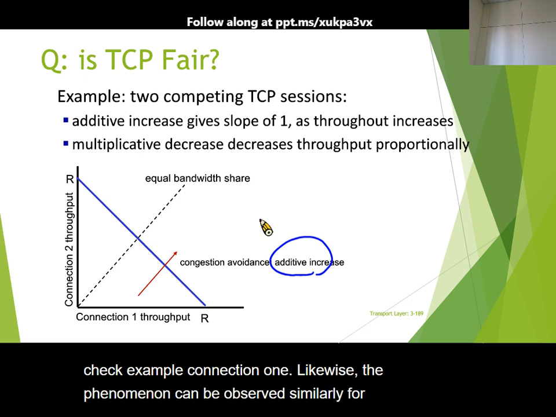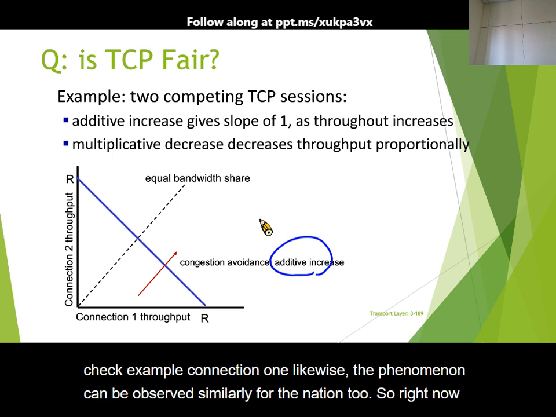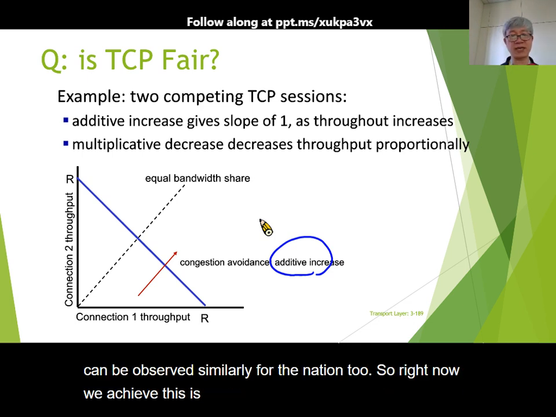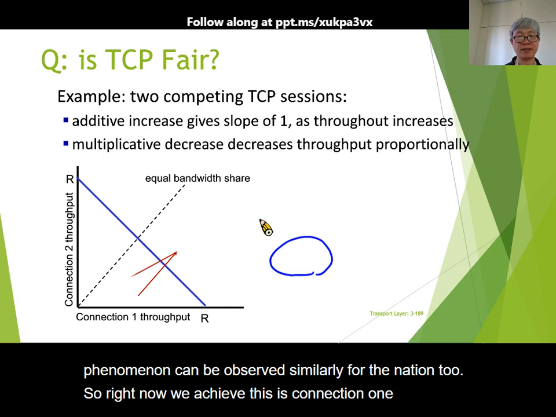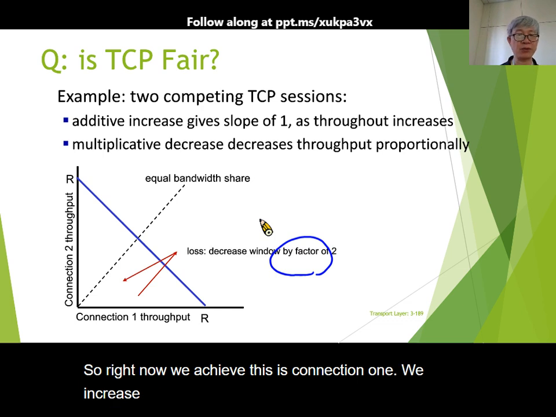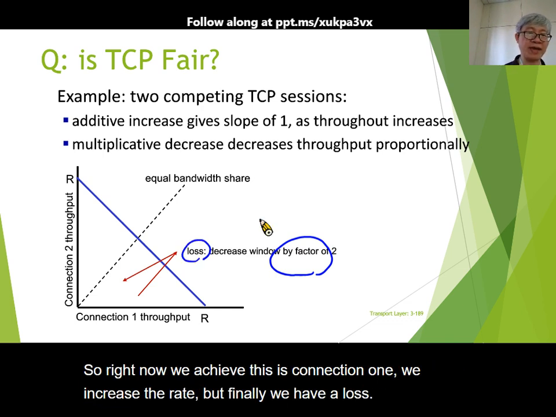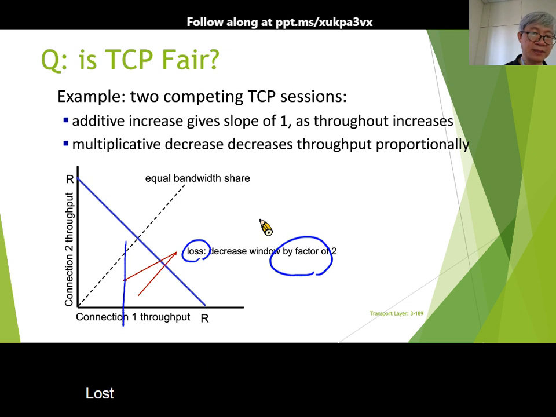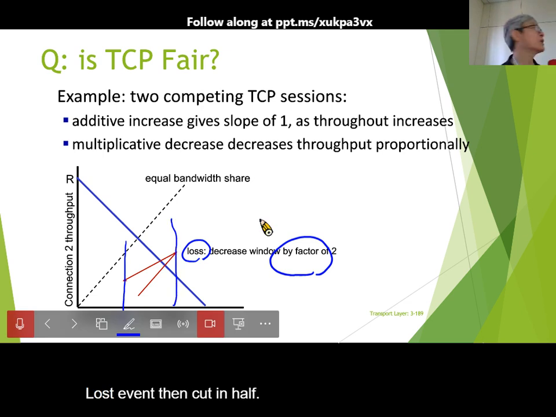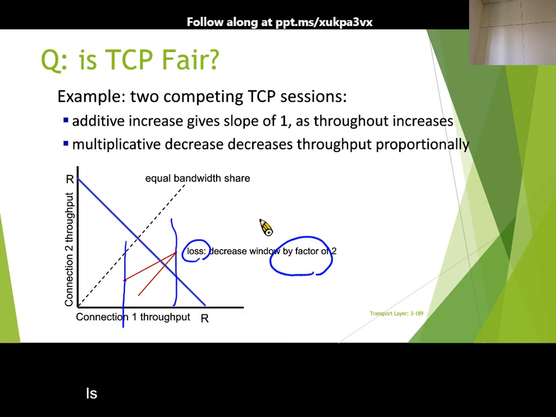So right now, we assume this is connection 1. We increase the rate, but finally we have a loss. Loss event, then cut in half. Is it true? Cut in half. For example, currently we have a value here, so cut in half to the point here.